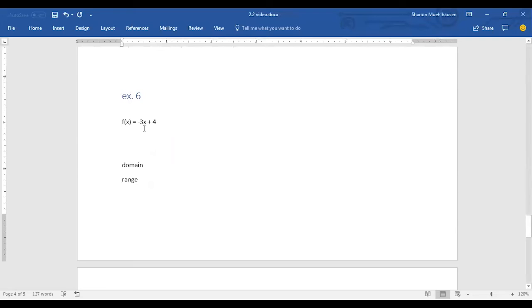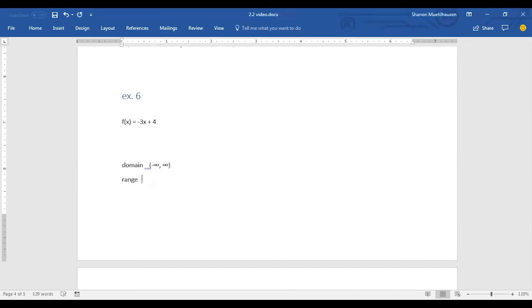What could you plug in for x? Hopefully you'd understand that our domain, what we could plug in for x, is anything from negative infinity to positive infinity. Obviously, we couldn't plug in infinity, but with the infinity symbol, anything up to those values.